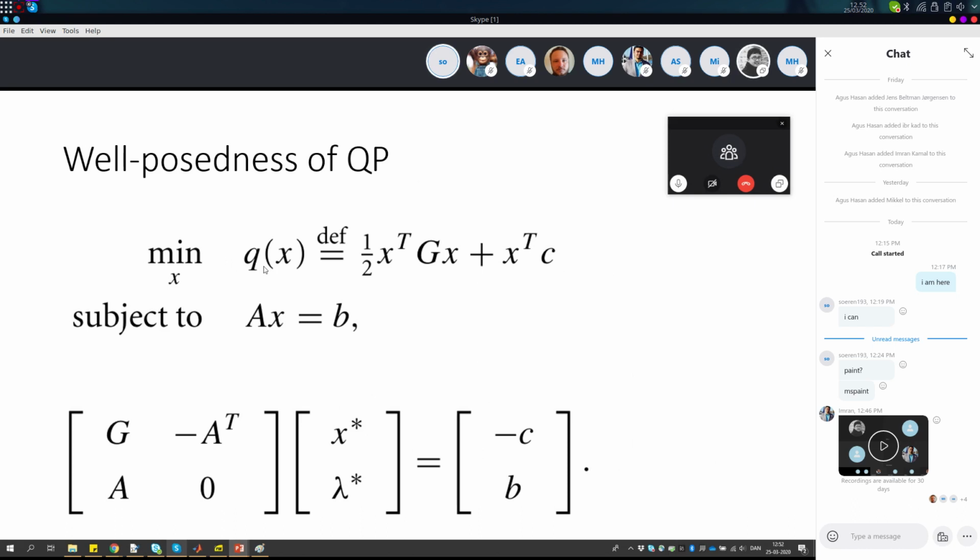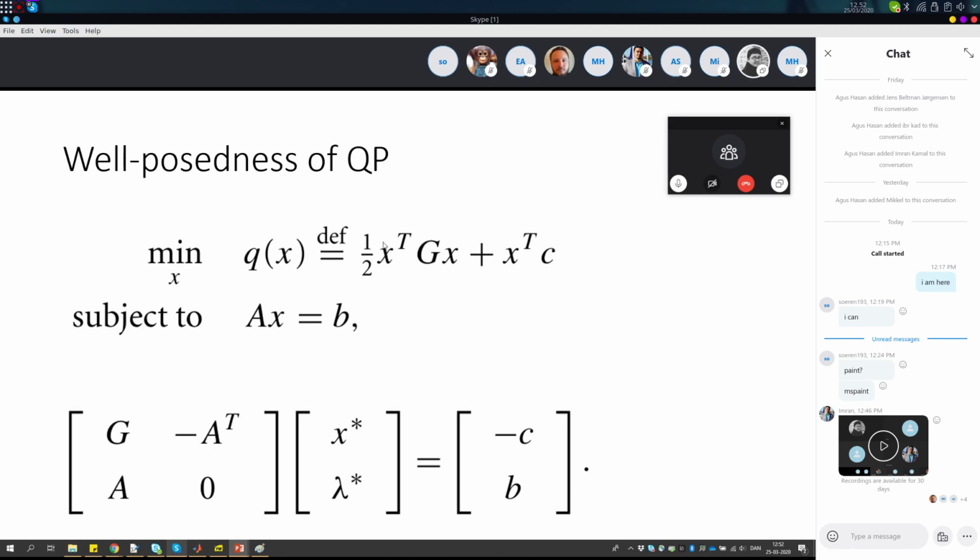So first of all, we only consider the equality constraint just to simplify the derivation. If you look into this general problem, and then you apply the optimality condition, then you will get this kind of system.